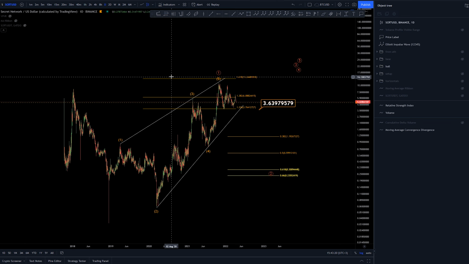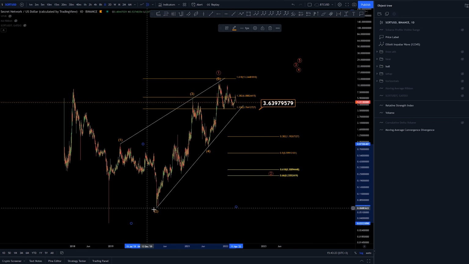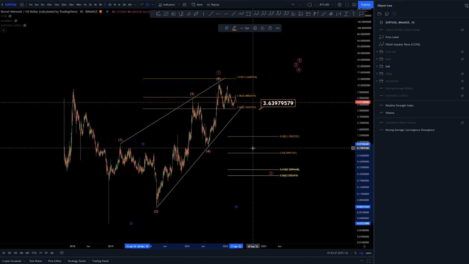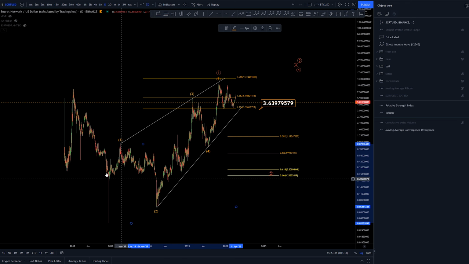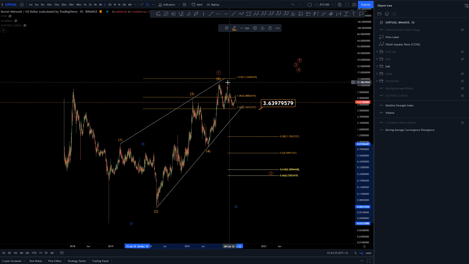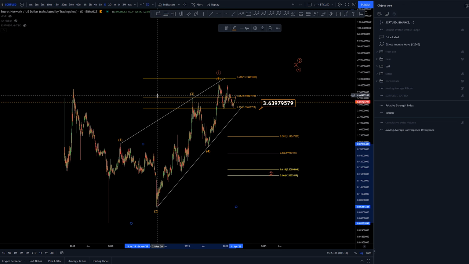I also couldn't fit any other kind of bullish structure here. No impulses I could find. This all looks really 3-wave-ish to me, even though we've been climbing higher, correctively or motively. It still looks 3-wave-ish to me.